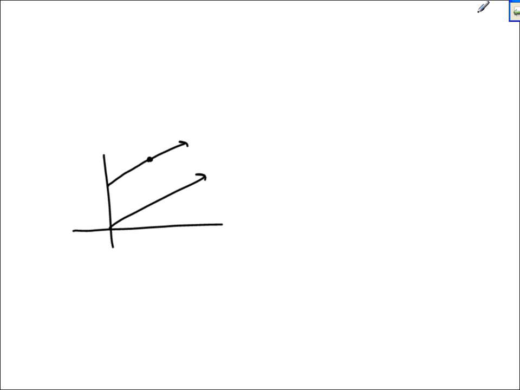In fact, I didn't even have to start on the y-axis. I could have started a little bit to the right of it. But most importantly, it crossed that point. Okay, I can move a vector so it crosses the point that I want.